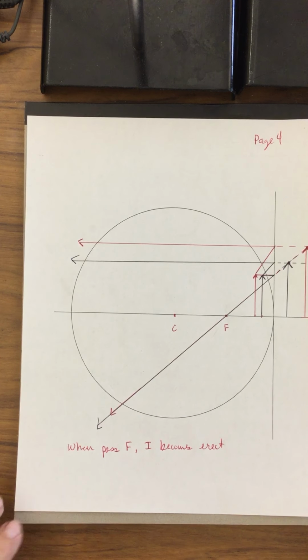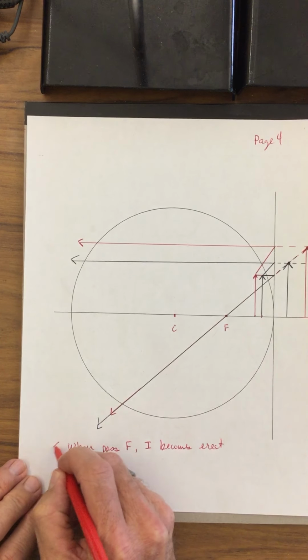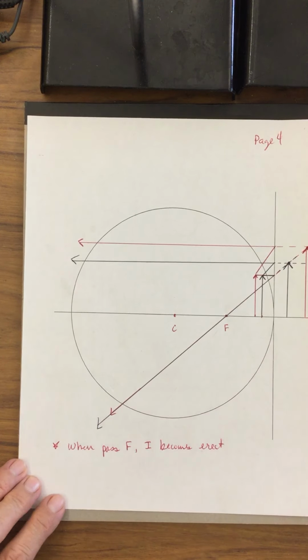It also gets closer, so this is one point. The closer that you are to the focal point, the larger that it's going to be. Closer to focal point will equal a larger image.